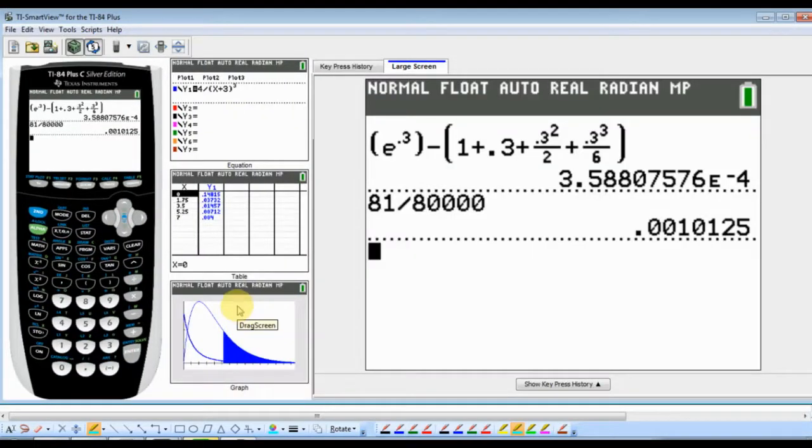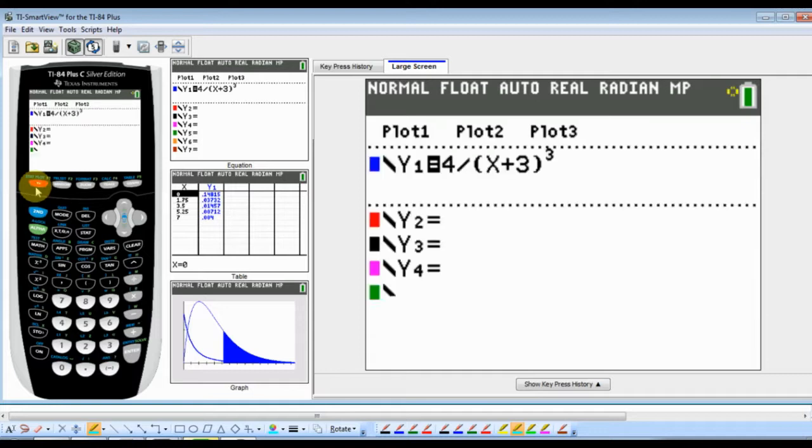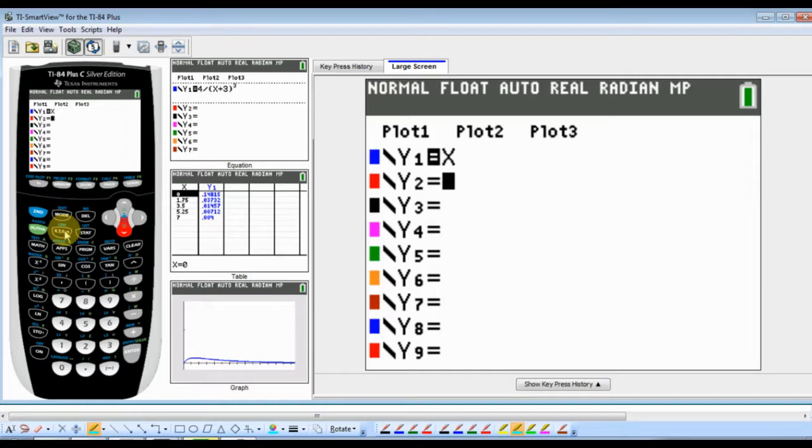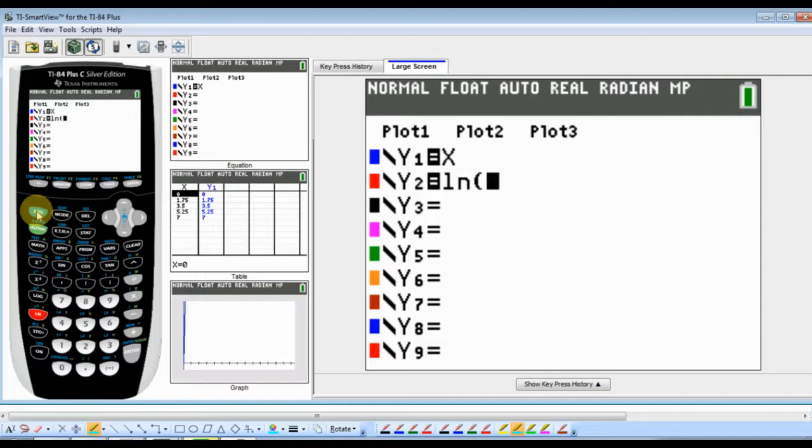The first one is y equals x. The second one is y equals the natural log of x.